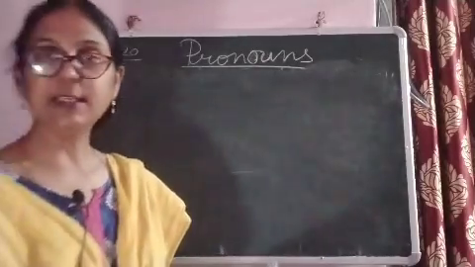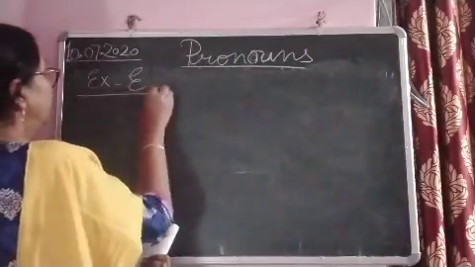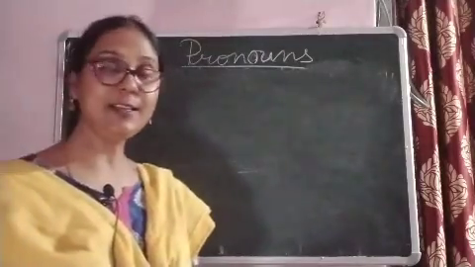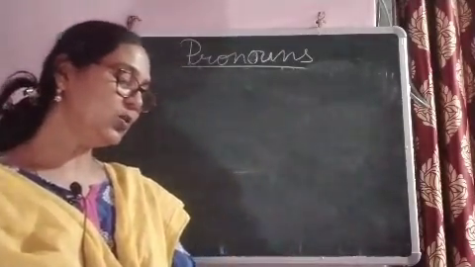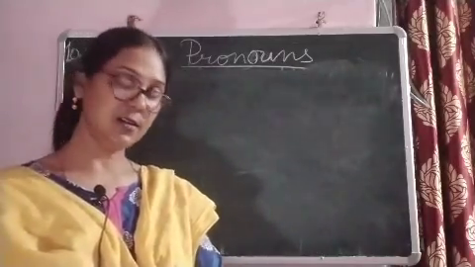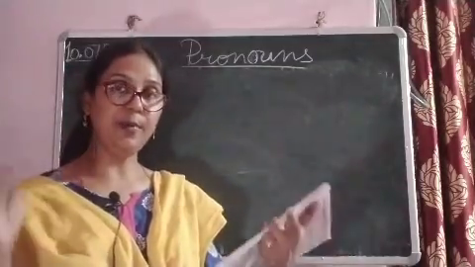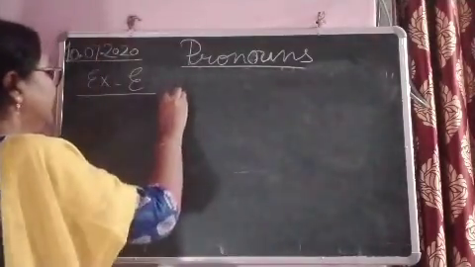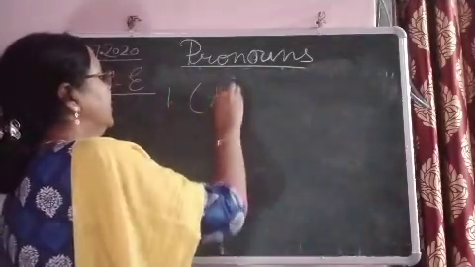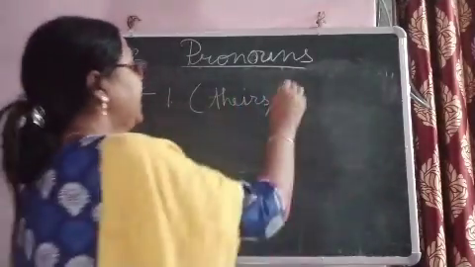Now, exercise number E, which is based on personal pronouns, we are going to complete. Tick the suitable words from the brackets. First, our students are working hard, so in brackets there is theirs and they.